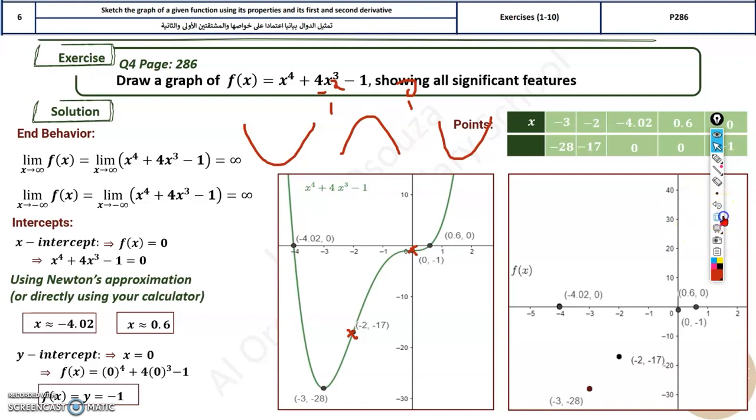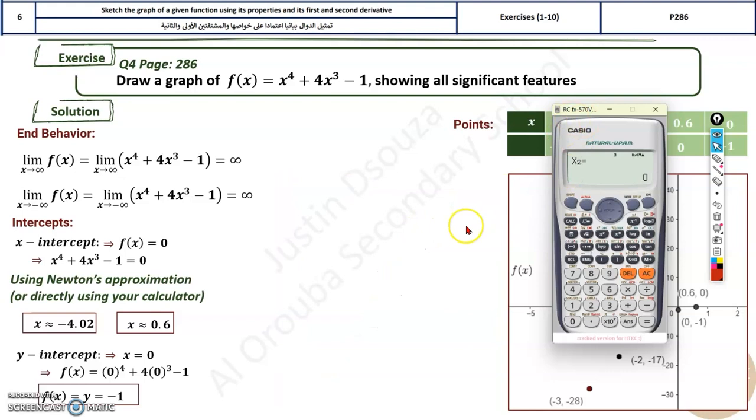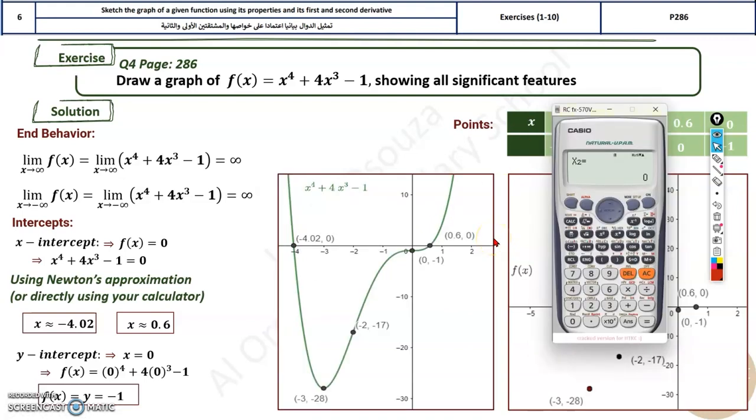Otherwise, we had seen in the previous video just directly to use calculator. All you need to do is over here in your calculator, type this out. For example, take any value, say -2.5.